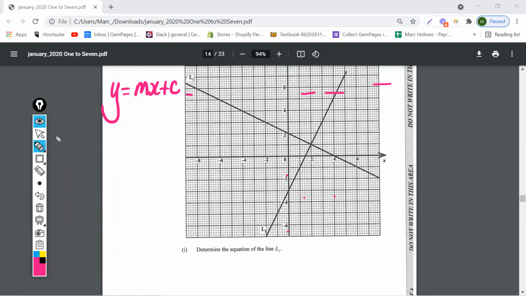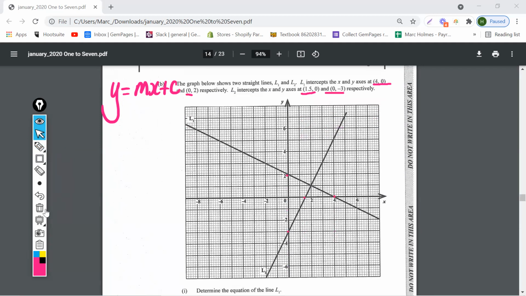Cool. So guys, they're asking us for L1. So that's the line that we're going to focus on. It says find the equation of the line for the first line. To me, it's so easy to do.